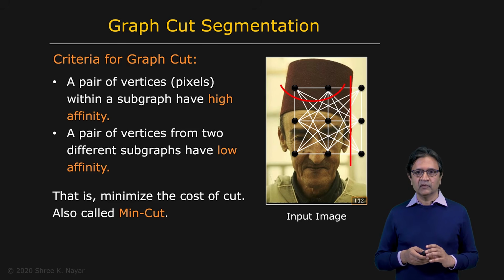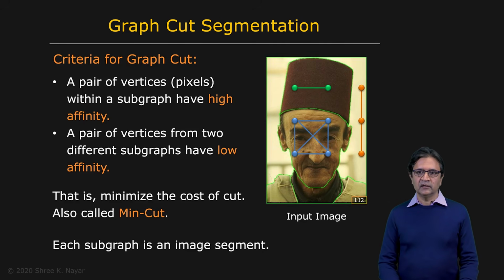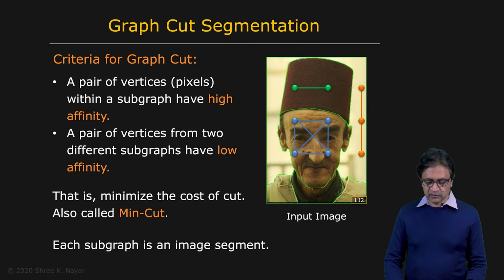And finally, we want to come up with cuts that have minimum cost associated with them. That's also called min cut. That's our goal here. Each subgraph that we end up with at the end of the day, let's say that we're showing this as a caricature here. This is one subgraph, another subgraph, and a third one here. Each subgraph is an image segment. That's the result of the segmentation.